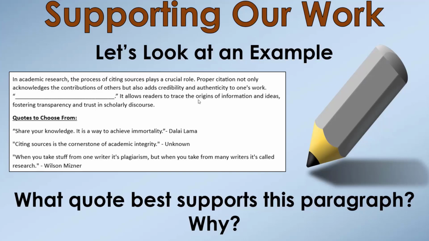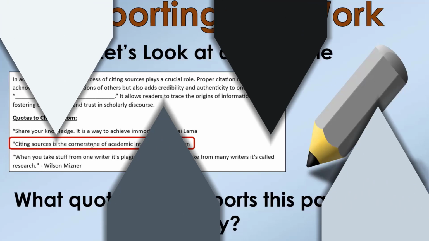It allows readers to trace the origins of information and ideas, fostering transparency and trust in scholarly discourse. Now, when I see that interpretation of the quote with the last sentence, it allows readers to trace the origins of information and ideas, fostering transparency and trust in scholarly discourse, they're talking about academic integrity. The answer is clearly the second choice here. Citing sources is the cornerstone of academic integrity.